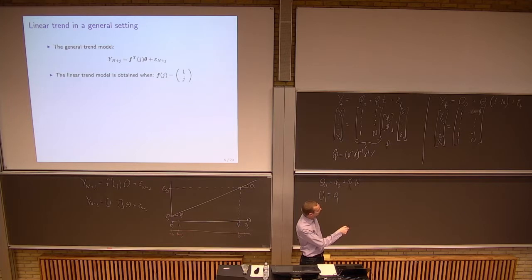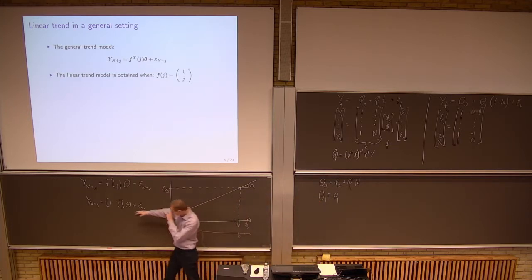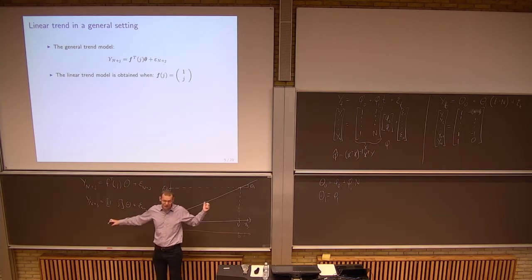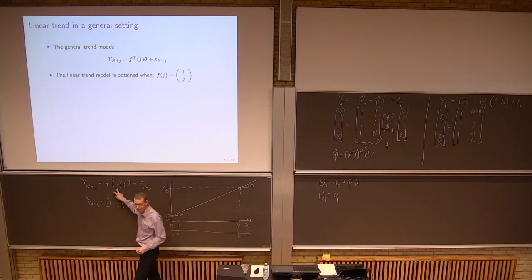And if j is -1, well, you get a -1. So that's the function that we implicitly used for f of j.